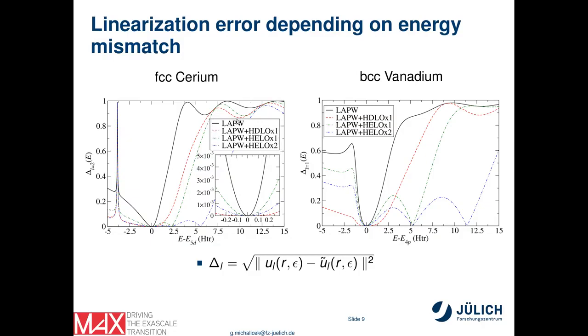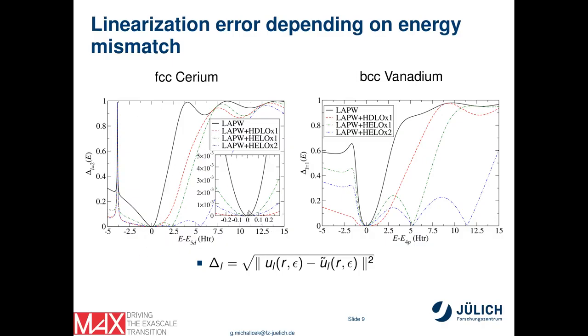So the black line is our conventional LAPW basis, and the red line is an LAPW basis that is extended by these higher derivative local orbitals, and then we can also add 1 or 2 sets of higher energy local orbitals. And you see this behavior here.